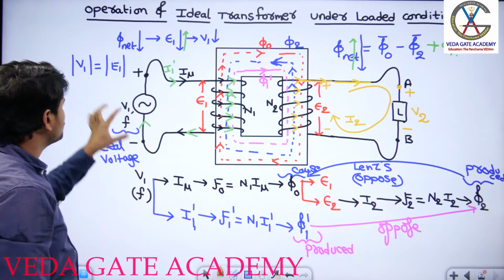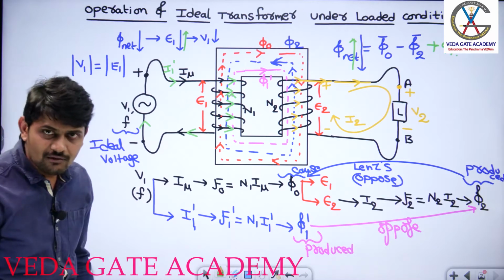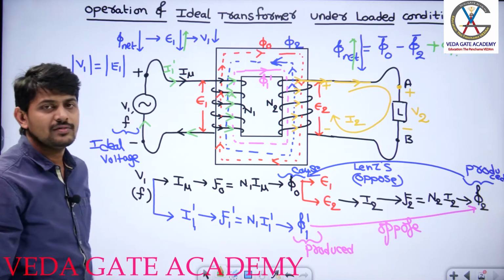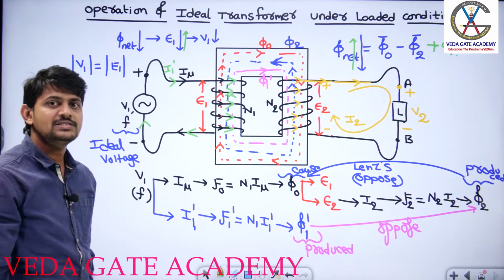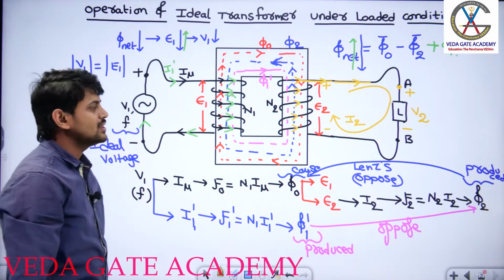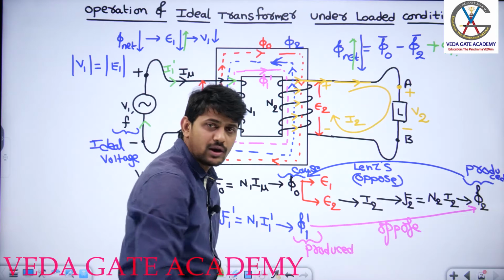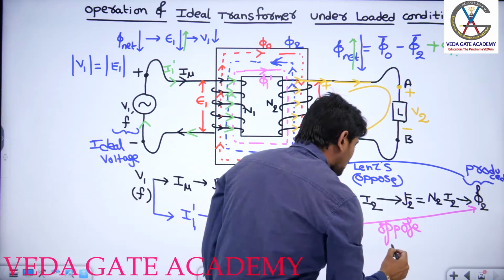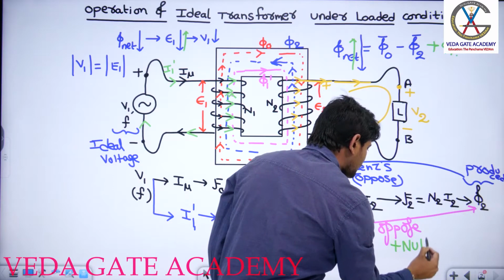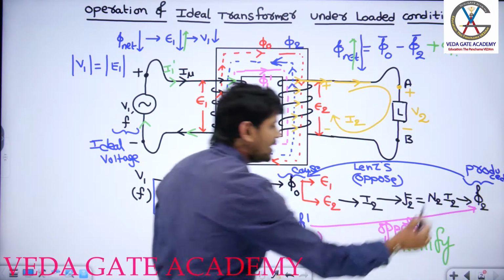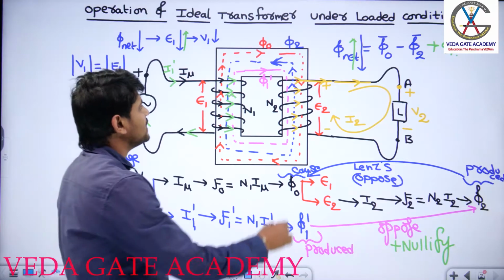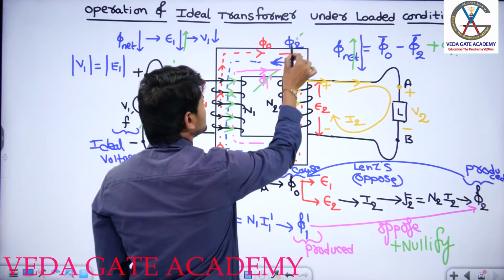So in order to make V1 equal to E1, the net flux available in the transformer core should be the same as under no load condition. That means my phi1 dash not only opposes phi2, it will also nullify phi2. It will be completely cancelled with phi2.